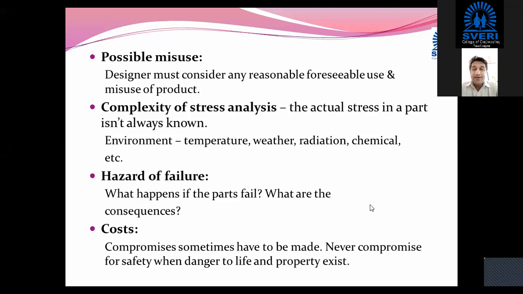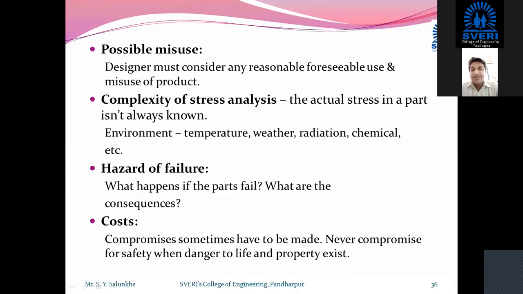For example, I have already taken the example of automobiles or luxurious cars: there is a possibility that it comes across an accident. That is again not actually misuse, but it is an accident, right? So designers consider in what possible ways this car may crash.